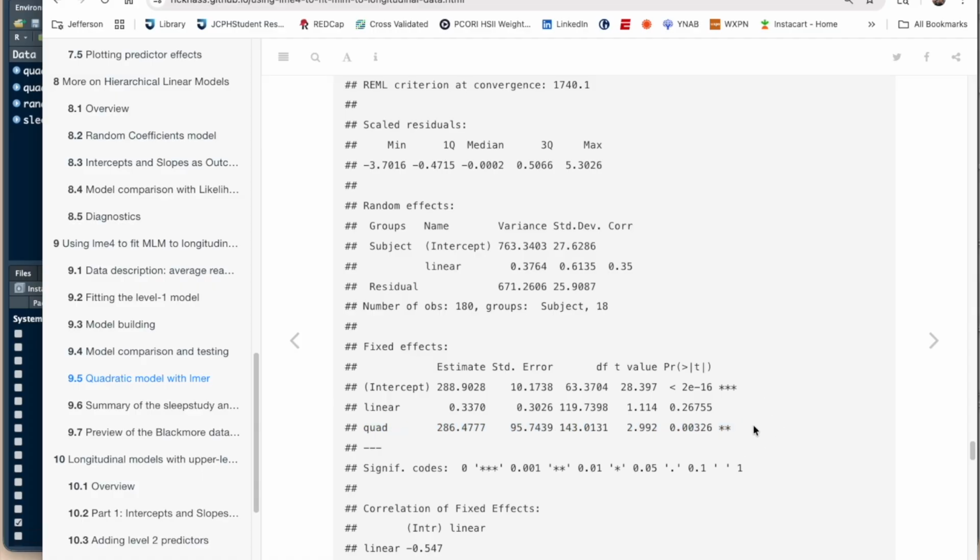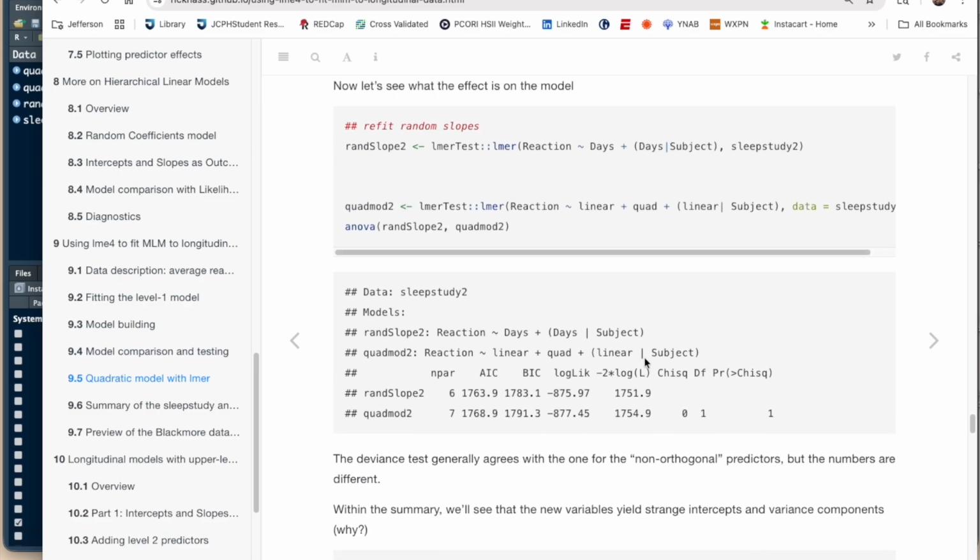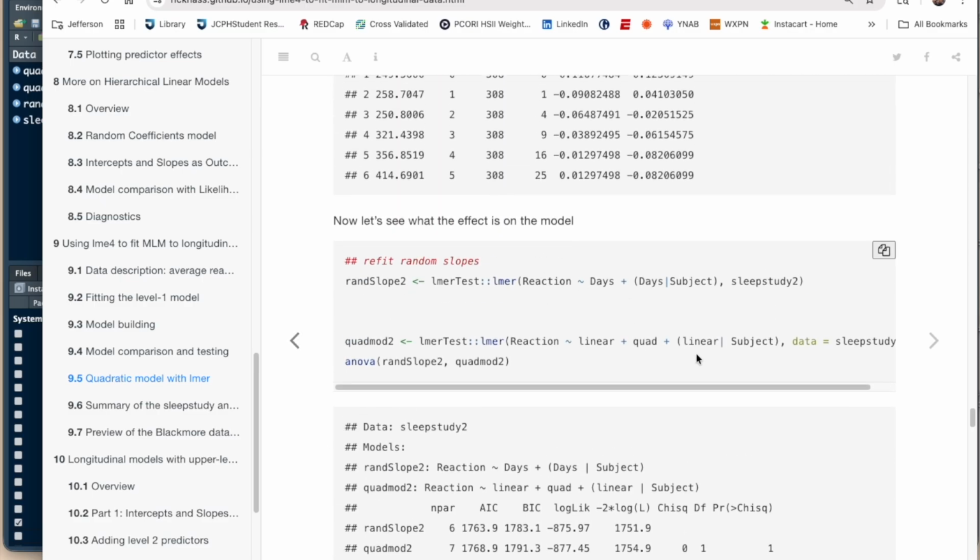So when you use orthogonal polynomial contrasts, we get a much larger quadratic effect. We get really not a lot of evidence for the linear effect. And that's, again, just a function of the fact that now we've got two slightly different predictors. So unless you have a pretty good reason for using those, if you're really interested in time trends, you kind of want to avoid it, but they're there.